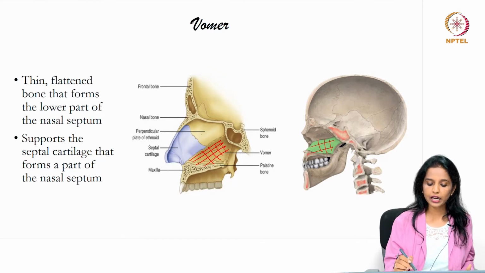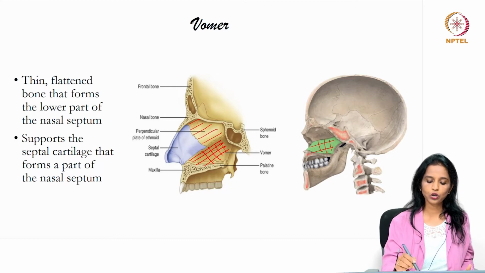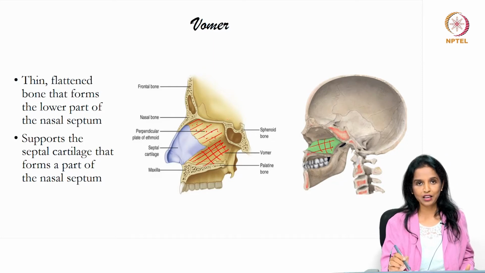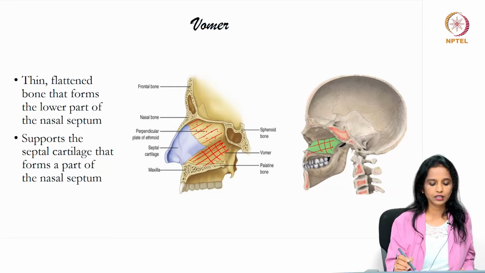So please recollect that the upper part of the nasal septum, which was already studied during the ethmoid bone, is nothing but the perpendicular plate of the ethmoid bone. That perpendicular plate of the ethmoid bone forms the upper part of the nasal septum, whereas the lower part is formed by the vomer, and this supports the septal cartilage.